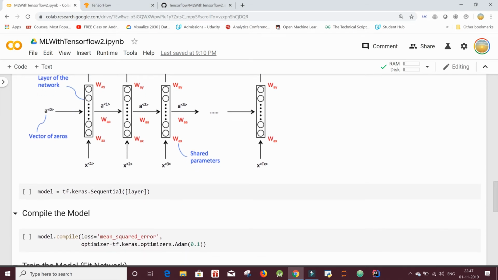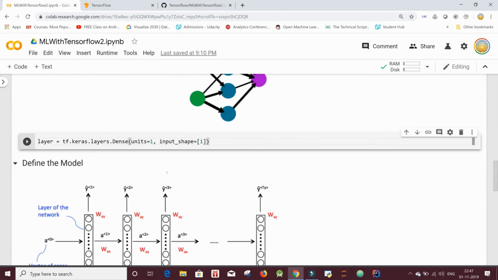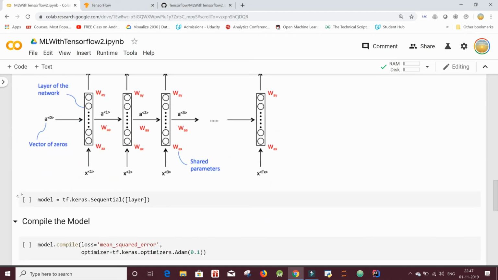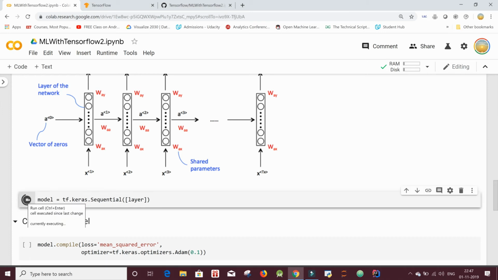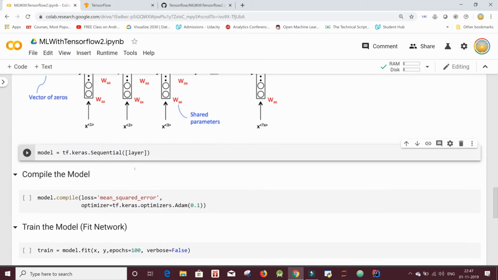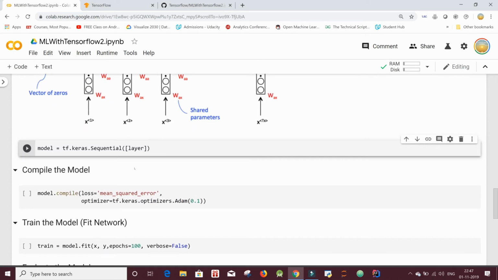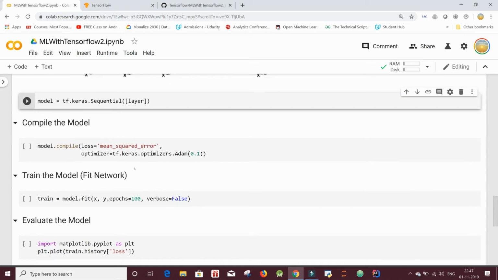The model that we are building here is a sequential model, and it's taking the variable layer that we just formed, which has 1 unit and input shape 1. So let me run these two cells of the variable layer and of the model. Now we have defined a model, and now let's compile it.